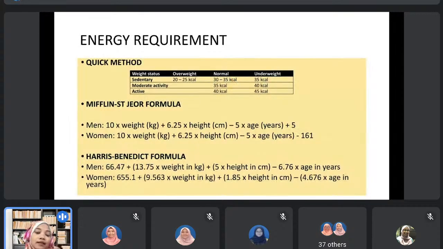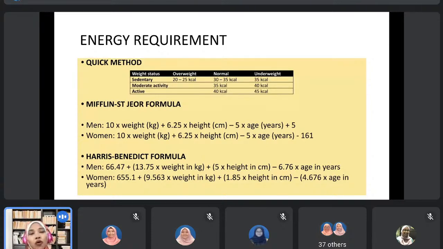So these are the few formulas that we normally use to calculate energy requirements. For example, the quick method. I'm sure you all are well versed in these kinds of methods. And then Mifflin-St Jeor, Harris-Benedict formula as well.